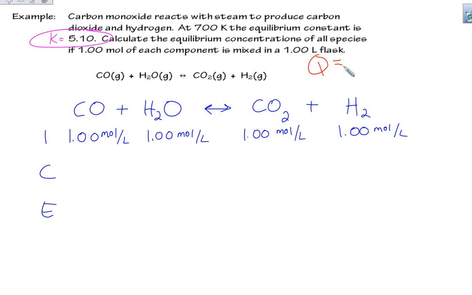So we set up what looks like an equilibrium expression, but it's going to have initial data. I might just plug this in as 1 mole per liter of products over, I bet you can see where this is going, 1 mole per liter hydrogen, and they're both going to the first power, over 1 mole per liter of the carbon monoxide and 1 mole per liter water.